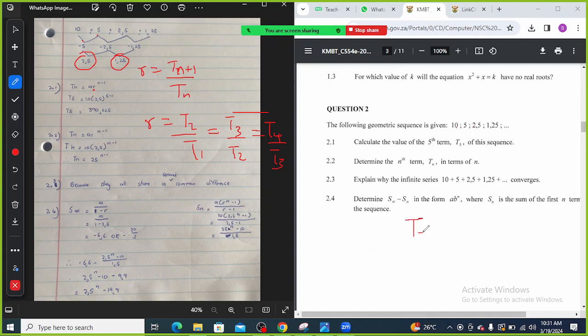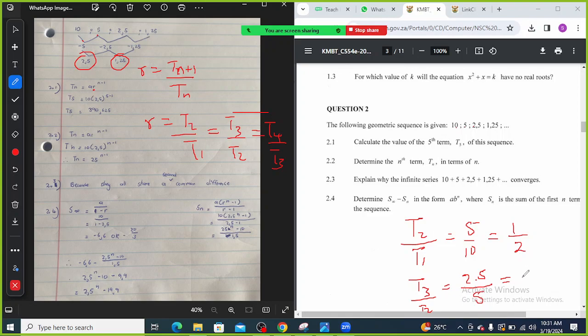We'll start by saying T2 divided by T1. That is 5 divided by 10. So what is 5 divided by 10? It's 1 over 2, right? And then we'll have T3 divided by T2. T3 is 2.5, and T2 is 5. So what is 2.5 divided by 5?